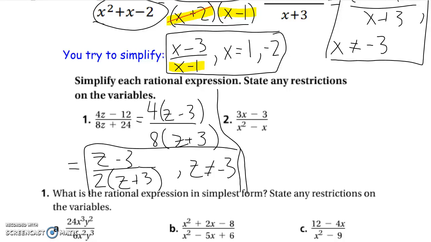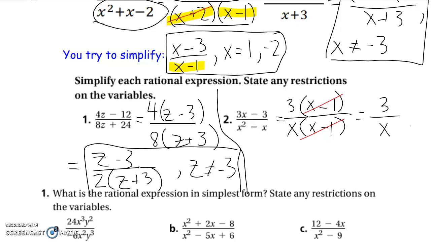For the second example, in the numerator, we can factor out a 3, leaving us with x minus 1. And in the denominator, you can factor out an x, leaving us with x minus 1. Since we have x minus 1 in the numerator and denominator, we can cancel the x minus 1, and we are left with just 3 divided by x.